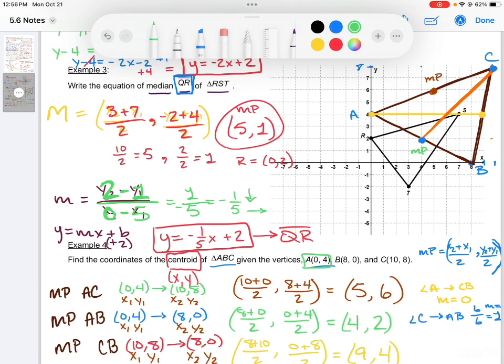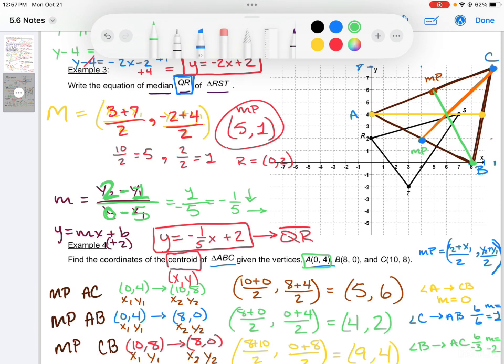And now for my very last one, I've got to go from angle B over to this opposite midpoint. So I'm going from B to this midpoint. And when I count it, I go from 0 to 6. So I've got a rise of 6. And I actually go left from 8 to 5. So it's got a run of negative 3. And that means I have a slope of negative 2.